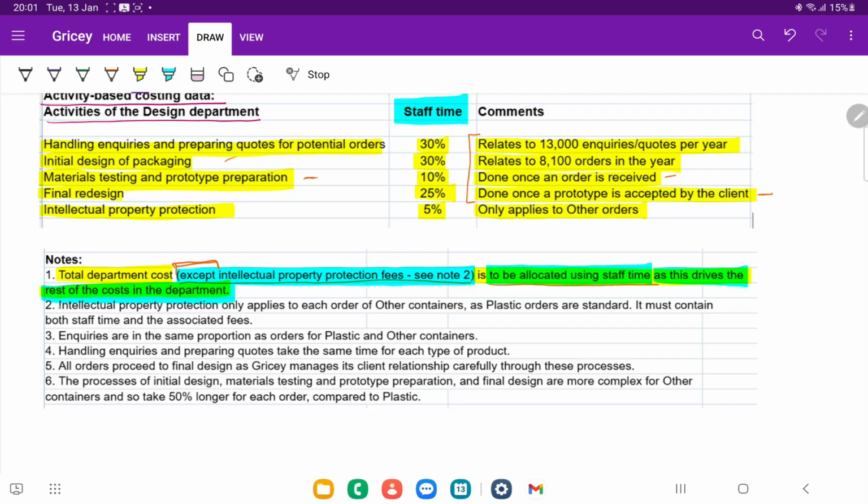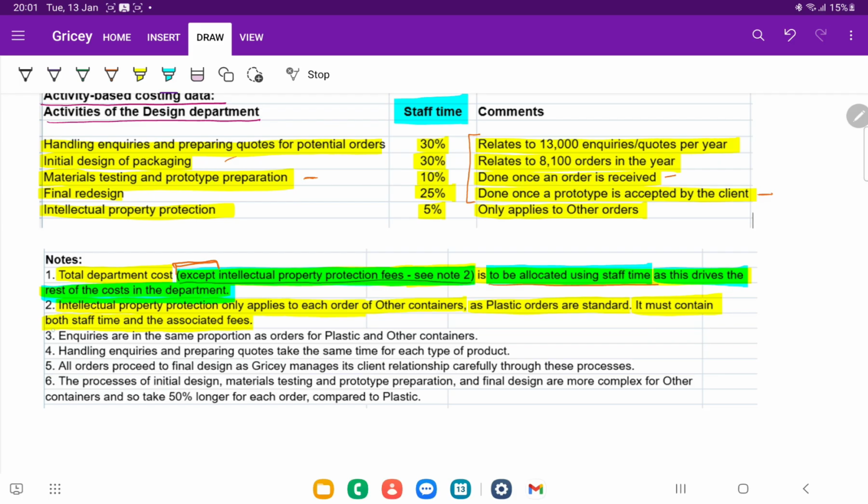Let's move forward. Intellectual property protection only applies to each order. Now they are talking about the C note number 2 part, right? Intellectual property protection fee only applies to each order of other containers, as plastic orders are standard. It must contain both staff time and the associated fees.